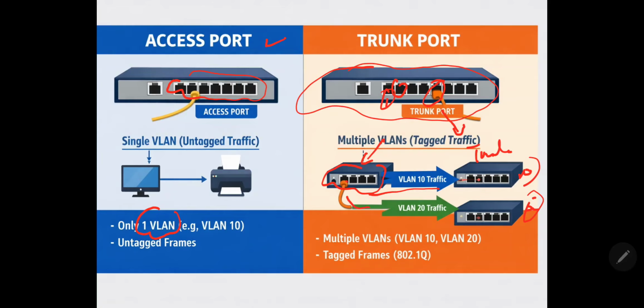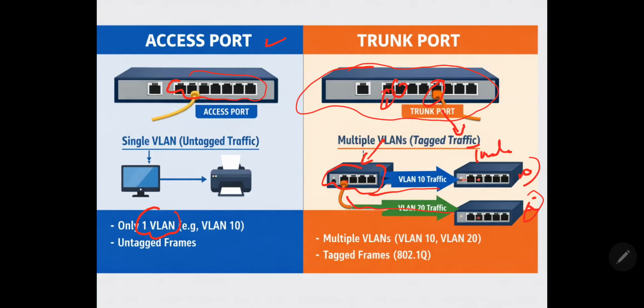Okay. Key differences between access port and trunk port. Feature: access port is for one VLAN only, trunk port is for multiple VLANs. Traffic type: access port is untagged, trunk port is tagged.